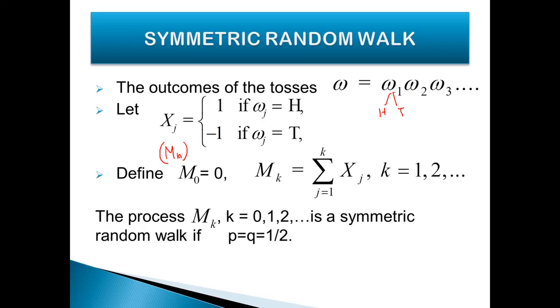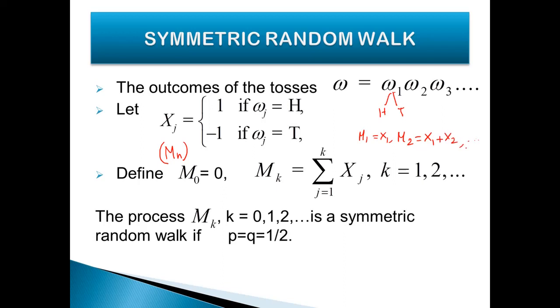So how do we define the Mn? M0 is 0, so we start from level 0, and then Mk we define as the summation for j equals 1 to k of xj. That means M1 is x1, M2 is x1 plus x2, and so on.